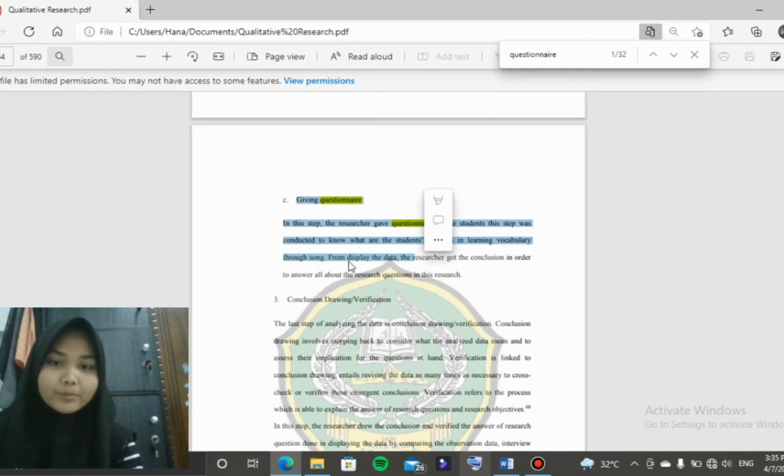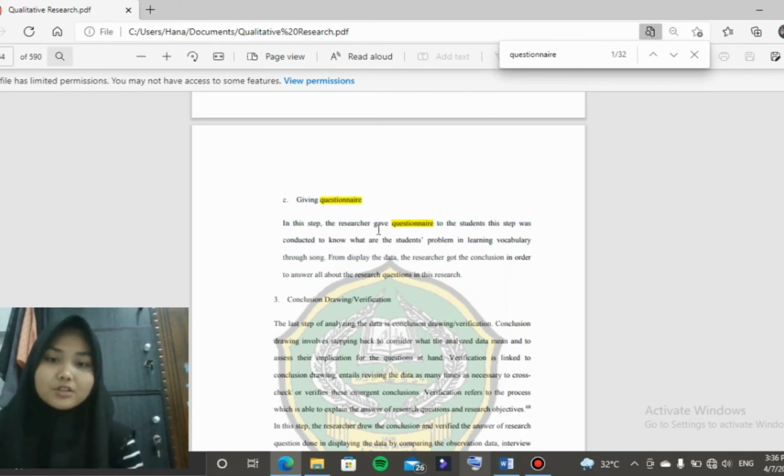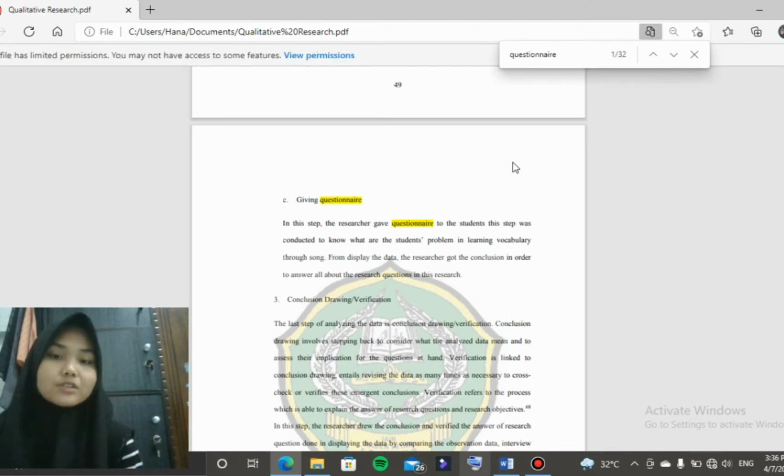Nah, di step ini researchers give questionnaire to student in the step to conduct the problem in learning vocabulary through song.